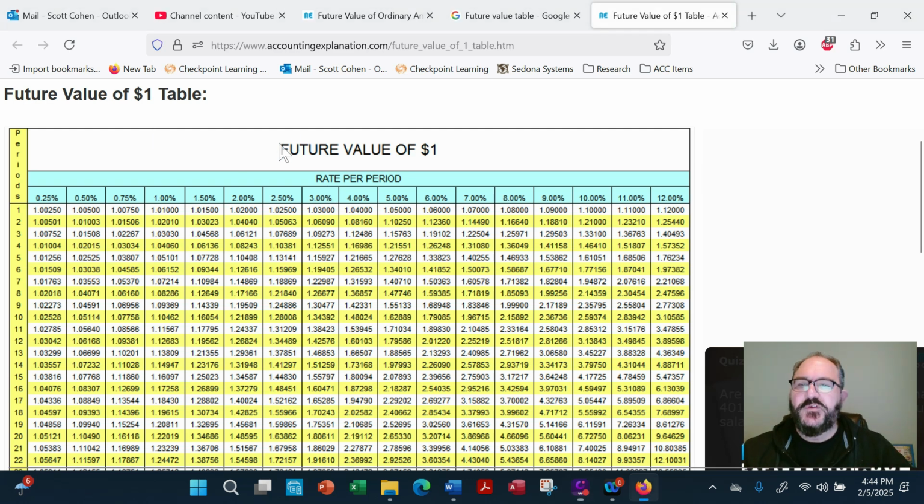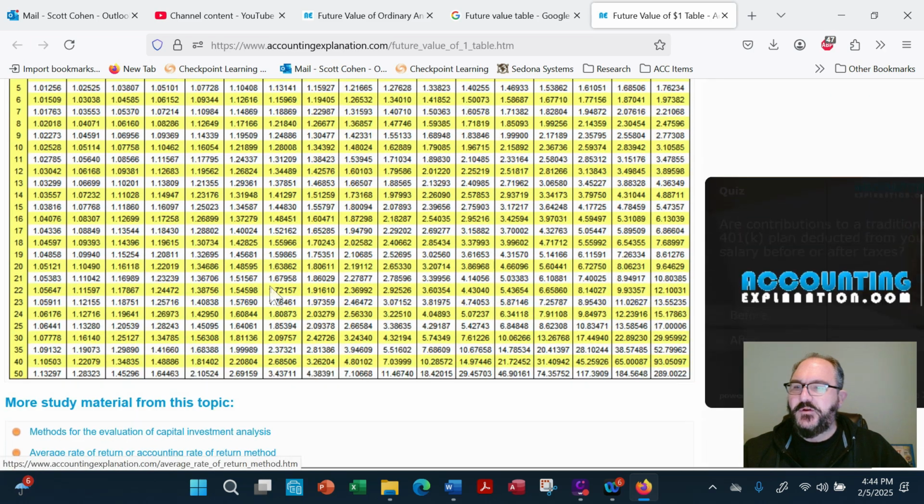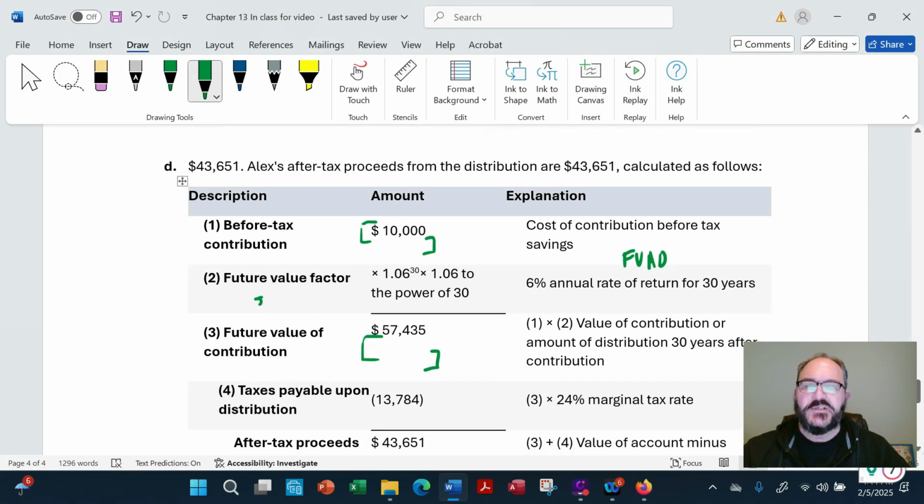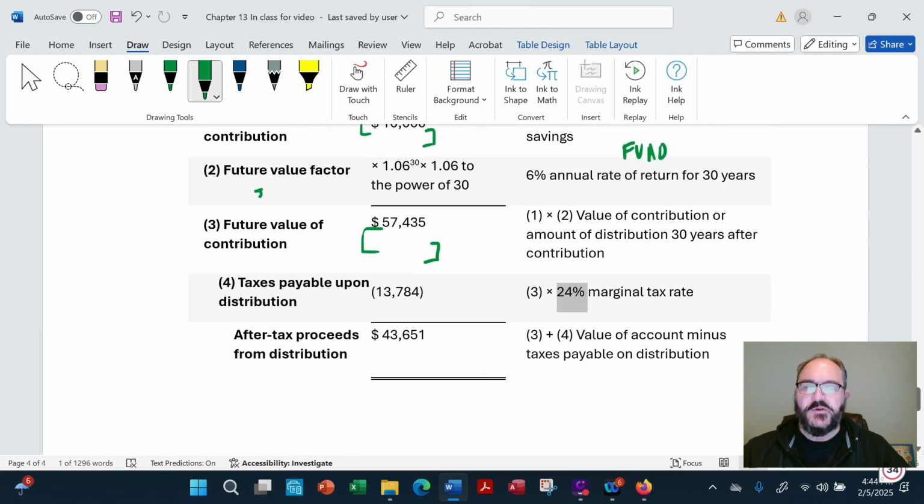So our future value of dollar, so take a look right here, future value of dollar, 6%. We're going to go down here to 30 years. See that 5.7439 right here? So if we go back to the document, that's how they get this $57,000. Then you subtract the 24% tax, and then there is the net amount.